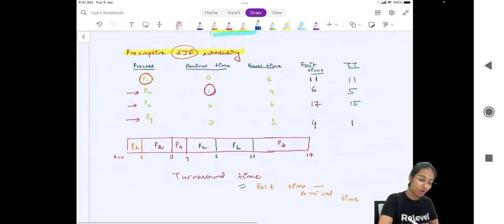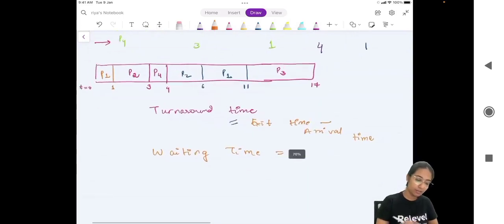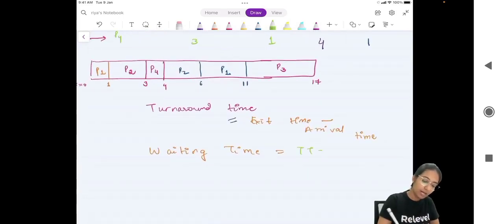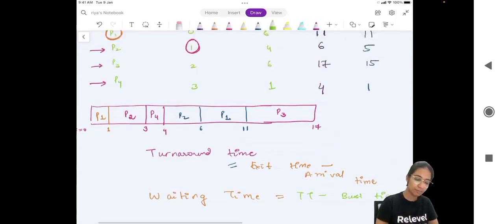And now what is the formula for waiting time? Right, it is nothing but turnaround time minus the burst time.